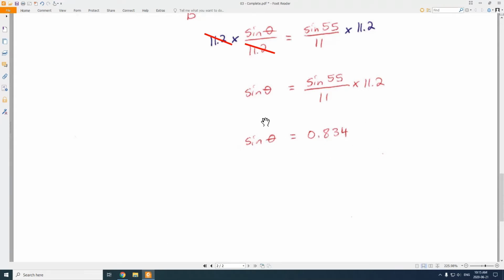At this point, you need to move the sine over by doing that inverse sine, sine to the negative one, of our decimal number. Anytime you solve for the angle, you move that sine over by doing inverse sine. And inverse sine just looks it up backwards in the table, right?